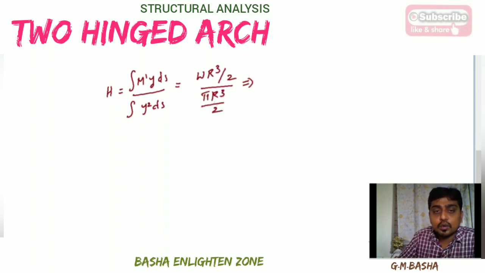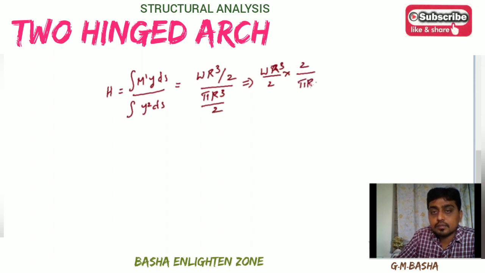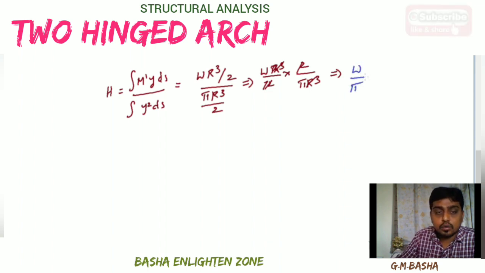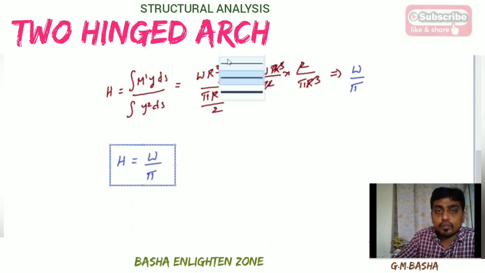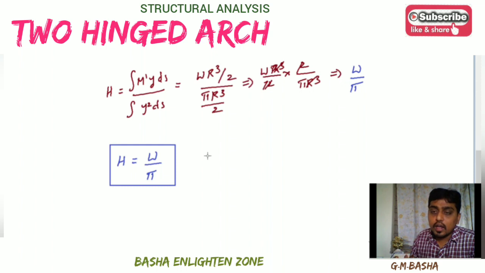If you simplify this one, whatever the terms possible to cancel, you please cancel that one. So directly you will get W by pi value. Therefore, horizontal thrust will be equal to W by pi. So this is the horizontal thrust value for the concentrated load acting exactly at the center on a semicircular two-hinged arch. I hope you understand this lecture.